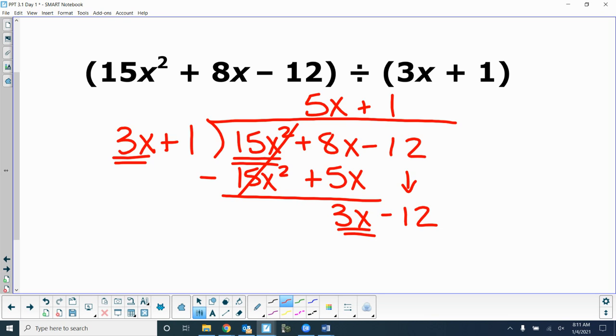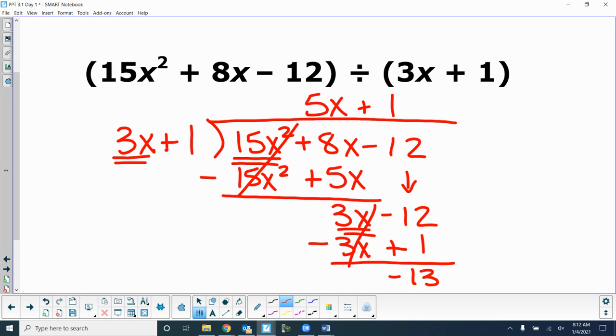Okay, and then I take 1 times 3x and 1 times 1 and subtract. Okay, my 3x's cancel. What's a negative 12 minus 1? Negative 13. Thank you.